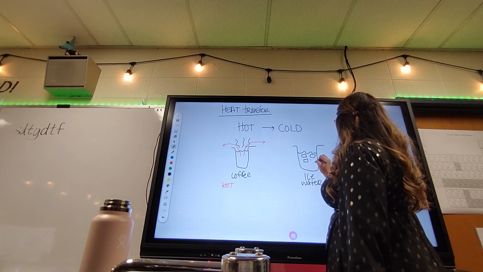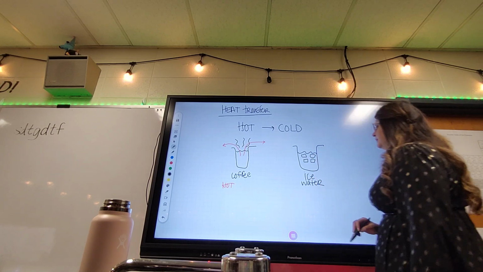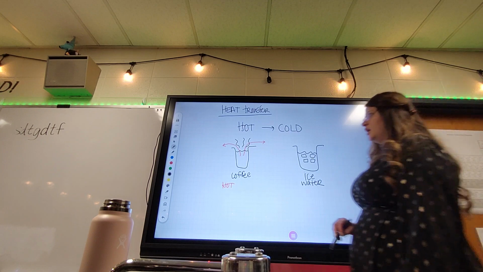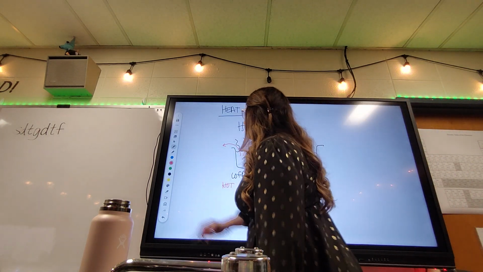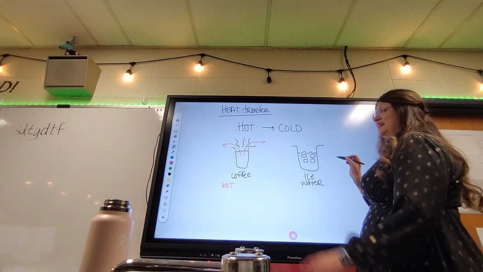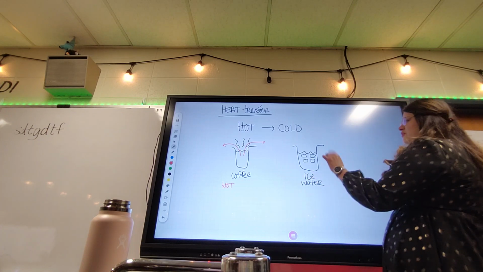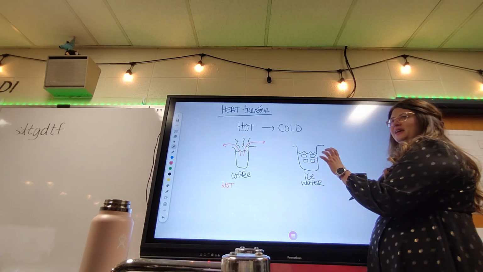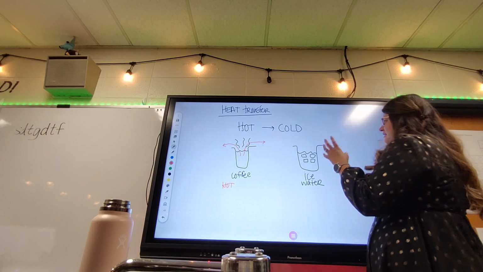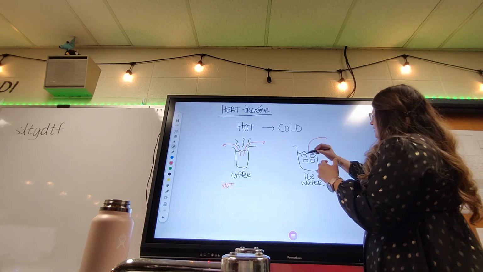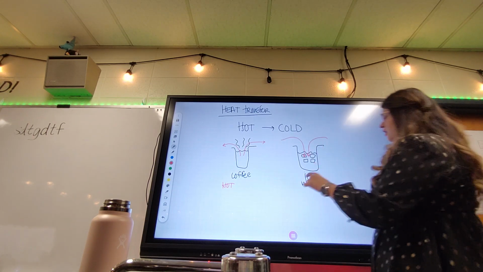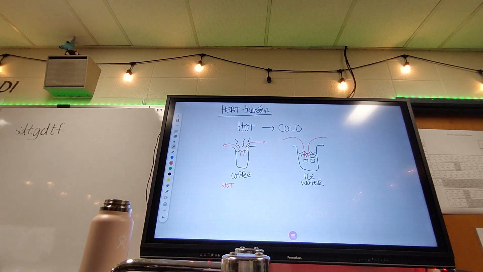Okay, so let's say you've got lots of ice in here. And that's very nice because heat always has to travel from hot to cold. You will feel this differently, but it's going to happen in a way that's not always obvious. Heat from the surroundings is going to come in and make those ice cubes melt.